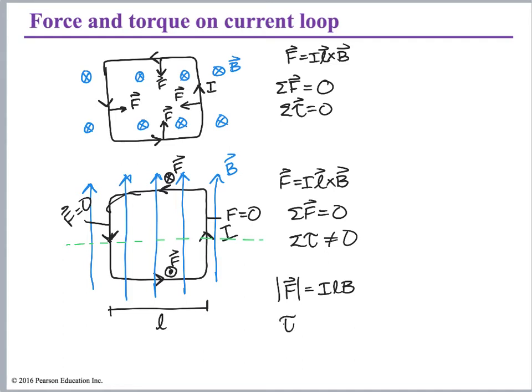And the torque, for each force, is going to be L over 2 times I L B, plus L over 2 times I L B. That's because this is like my radius, and it's half of the length of the loop. Remember, my loops were square, so the dimensions are equal in each direction. So I got I L squared B, and this L squared is like the area.